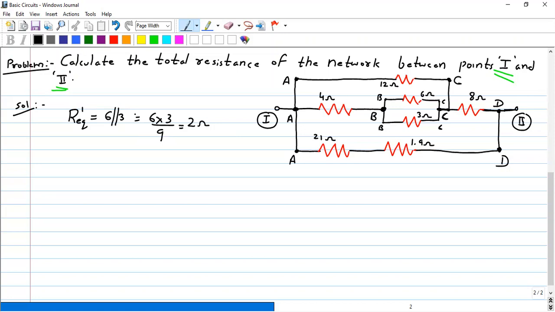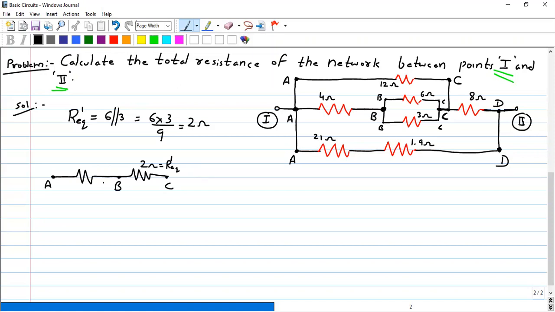Now let me draw a rough diagram for you so that it will be easy to understand. This is point A. This is point B. Now between B and C, you have replaced it by an equivalent resistance of 2 ohms, which is equal to R equivalent dash.